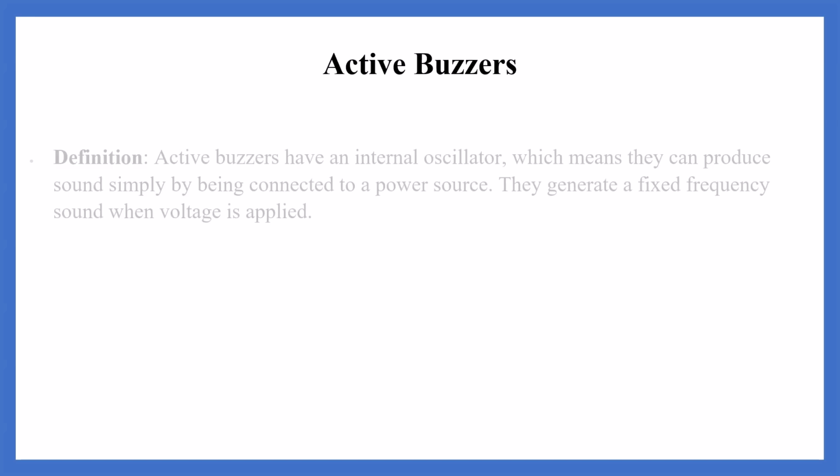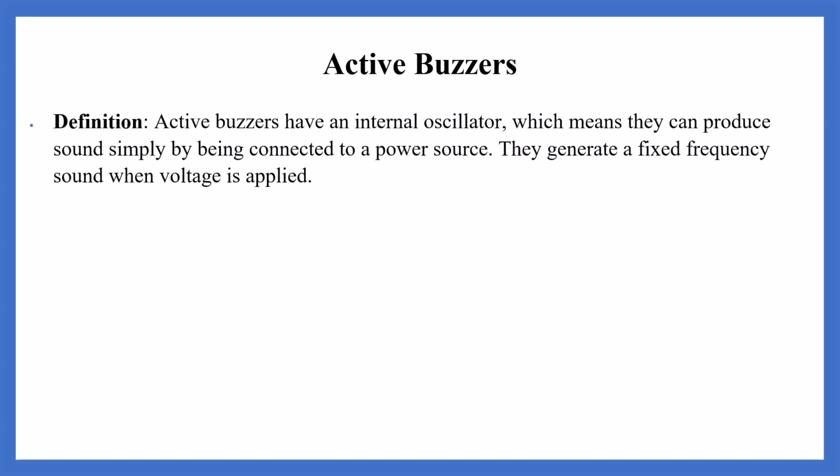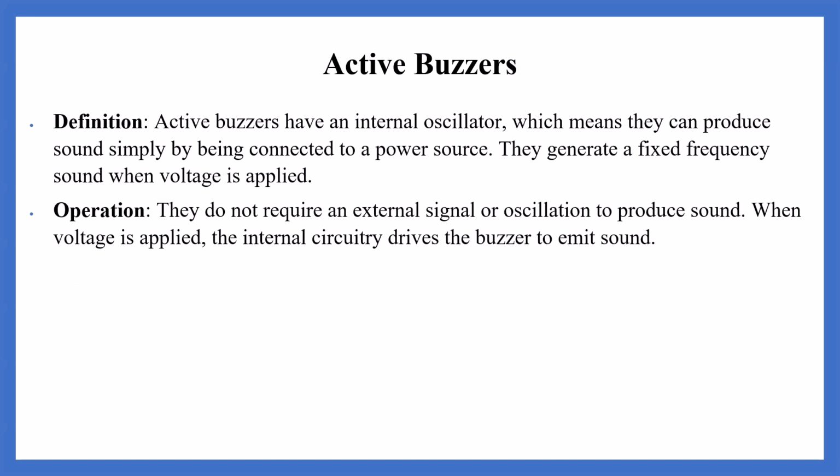Active buzzers. Definition: active buzzers have an internal oscillator, which means they can produce sound simply by being connected to a power source. They generate a fixed frequency sound when voltage is applied. Operation: they do not require an external signal or oscillation to produce sound. When voltage is applied, the internal circuitry drives the buzzer to emit sound.